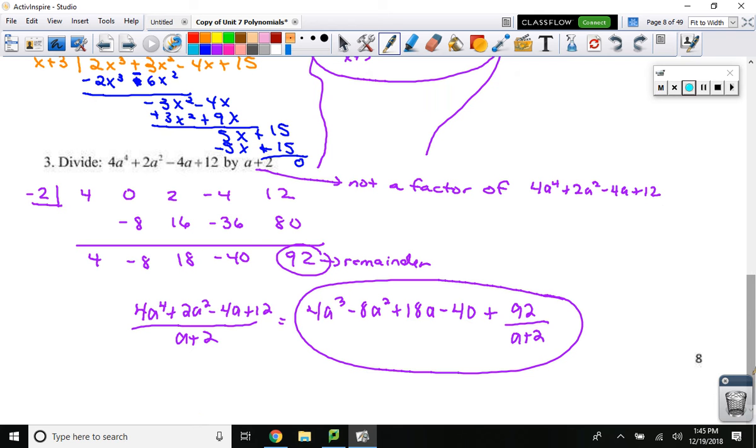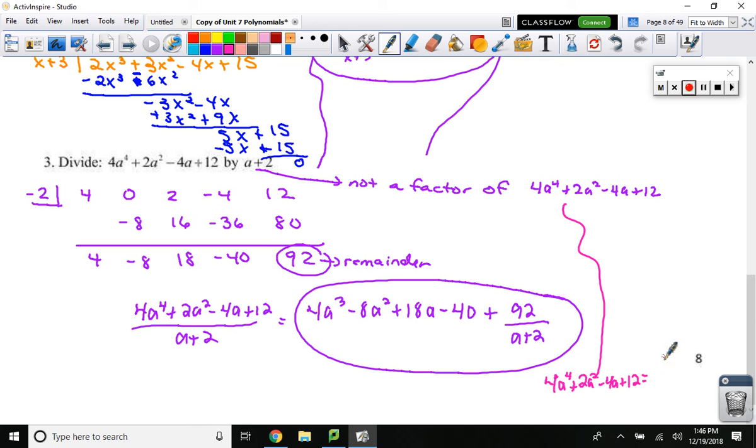So if I wanted to know, that's a good thing to bring up, because we're looking more for where it's factored, but I could say that 4a to the 4th plus 2a squared minus 4a plus 12 is the exact same thing.